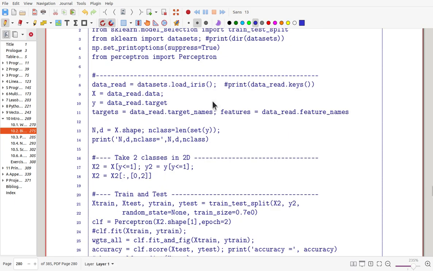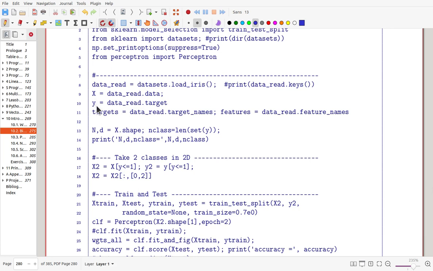From datasets, we choose the iris dataset. From there we collect the data into X, and along with the target key, we can get the numeric labels.